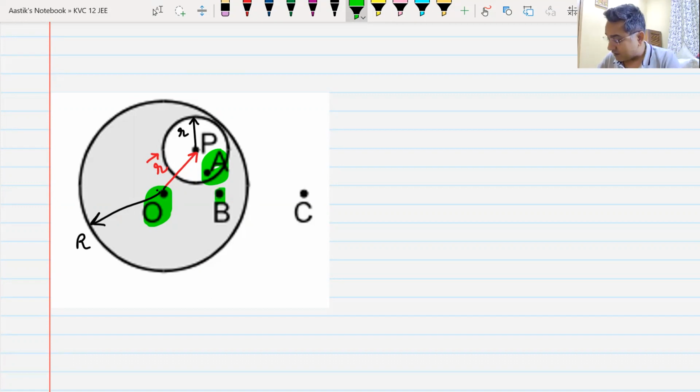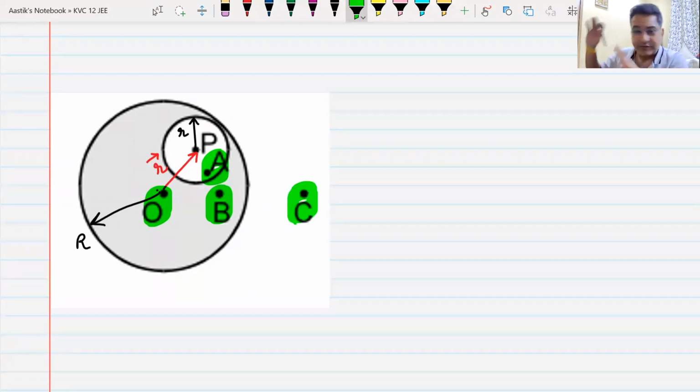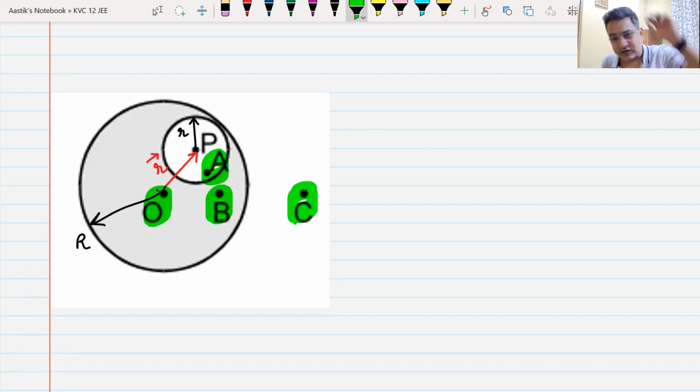You have to find the electric field at point B, which is like this, which is not inside the hole, but is outside the hole, but inside the sphere. And you have to find the electric field at point C, which is outside both of these. In all cases, you will know the position of the point from the center of the sphere, because the center of the sphere is the origin of your coordinates.